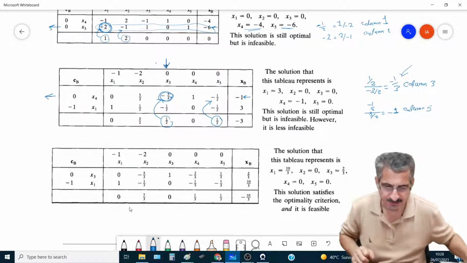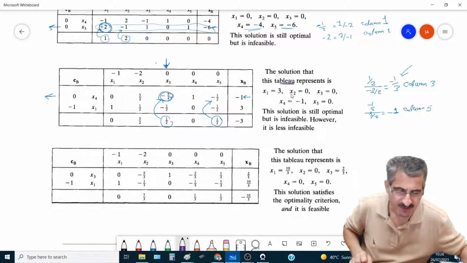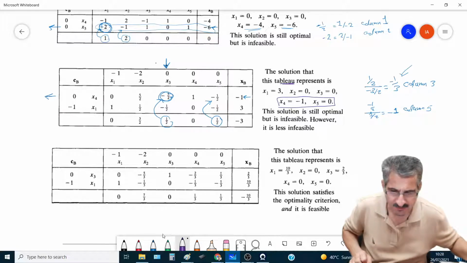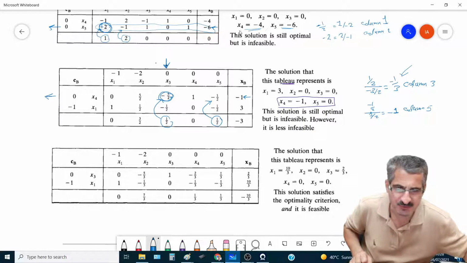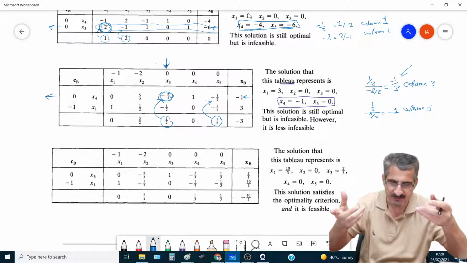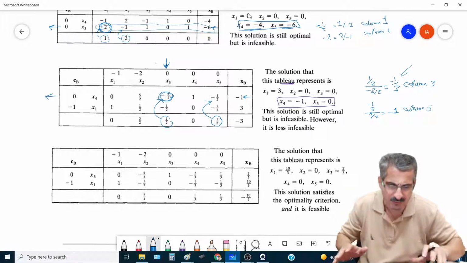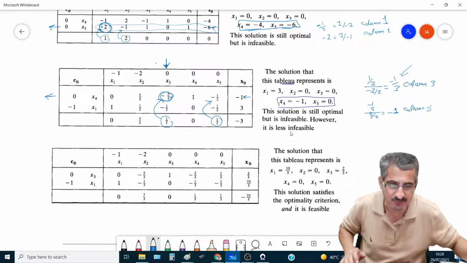Now notice here, this table gives us a solution -1 and 0. The table before gave us a solution -4 and -6. So we have two negatives. In the step after that, we have one negative. Now in the step after that, we will have no negative solutions.